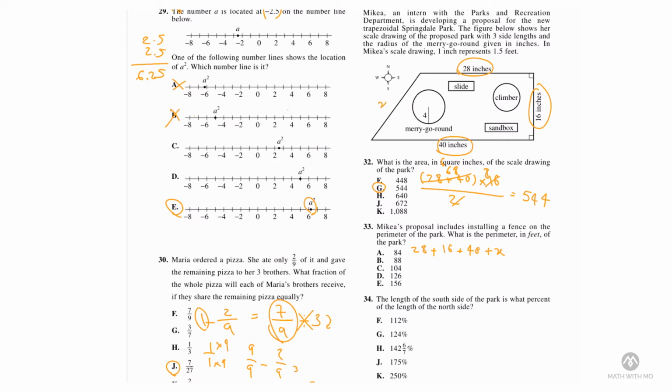To find x, we can just make a right triangle. This is the height, which is the same as this side, so this is 16 inches. And here is basically 40, which is the whole thing, minus 28, this part. So it's going to be 12.